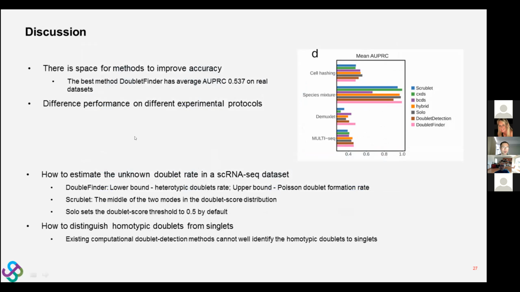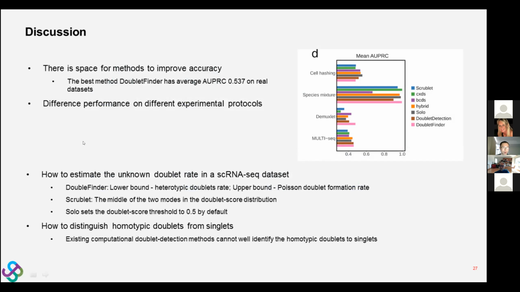And we also found that methods have very different performance on different protocols. So we summarize all the performance on these 4 different experimental designs. Those designs gave us true doublet labels.